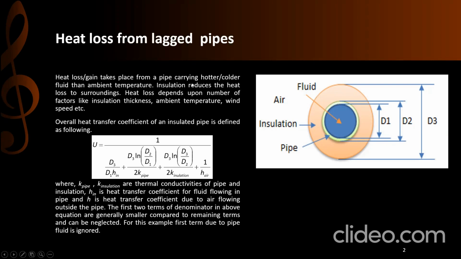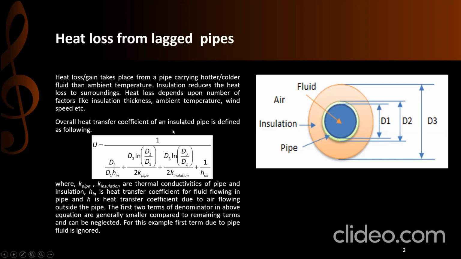If the ambient is hotter, that is heat gain. Insulation reduces the heat loss to the surroundings. Heat loss depends upon a number of factors like insulation thickness, ambient temperature, and wind speed, etc. Wind speed because of its effect on the surface.